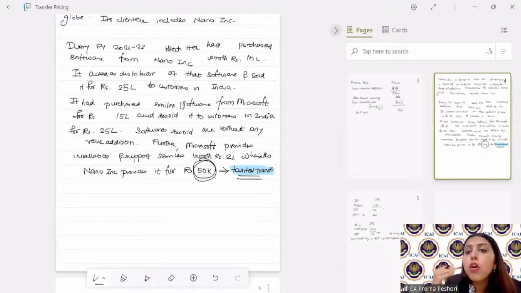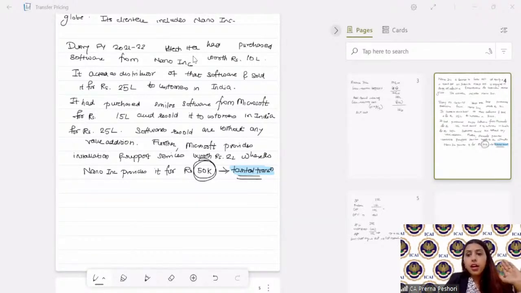So I will not apply transfer pricing in this case because it is leading to a reduction of my total income. Are we getting that? Are we clear? Yes, Vidula, correct. Here the transfer pricing will not be applicable.